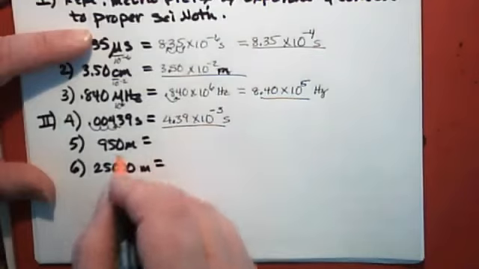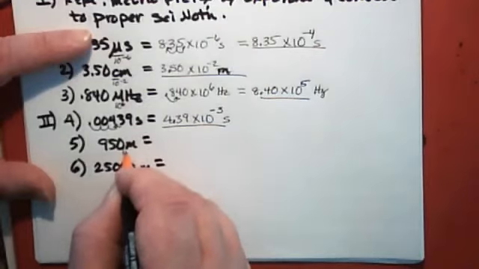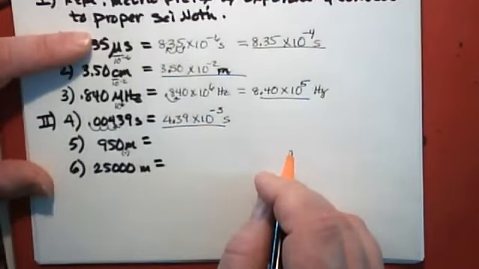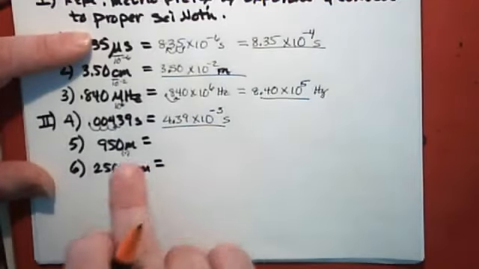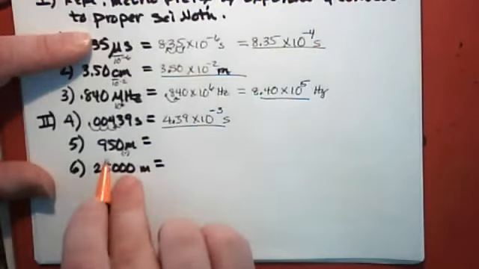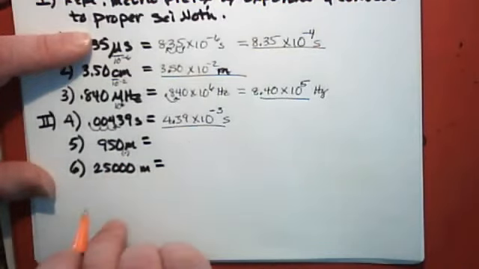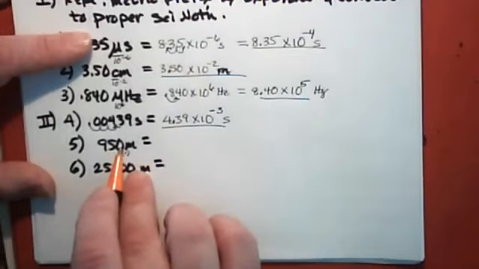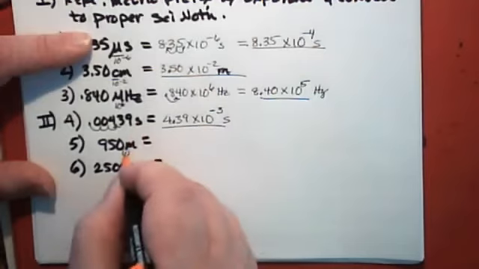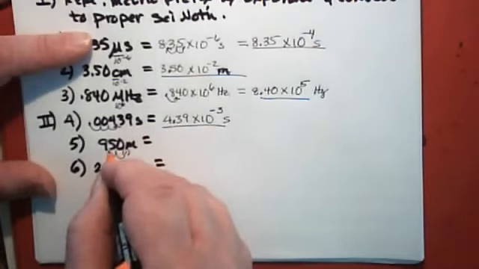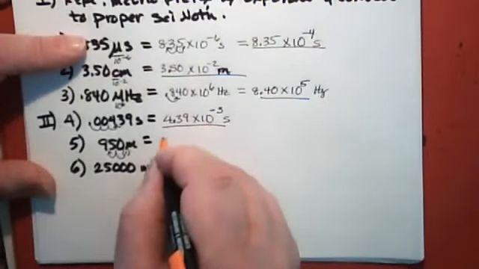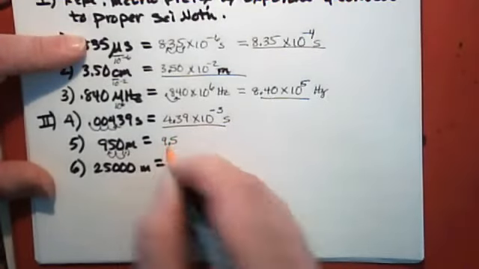950 meters. The decimal point is implied to be after the 0, but there is no decimal point, so that's why I'm putting it in parentheses. Just remember, this is going to be a 2-digit number when you write it in scientific notation, because that 0 at the end doesn't count because there was no decimal point originally. 1, 2, moving the decimal 2 places to the left gives us a number that's between 1 and 10.